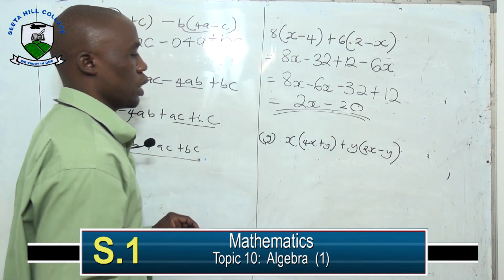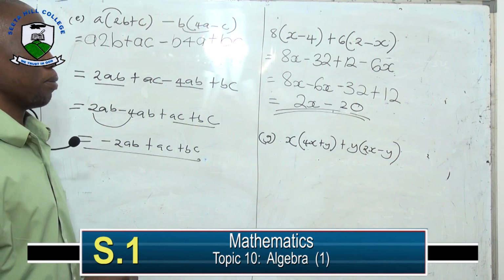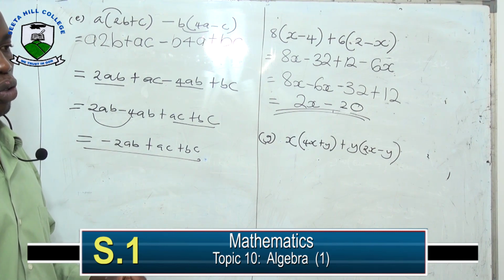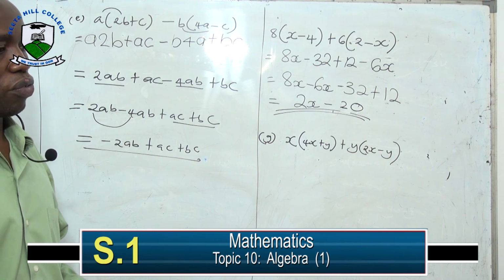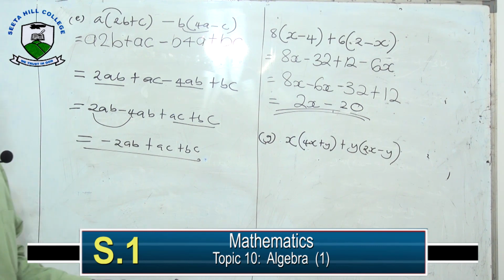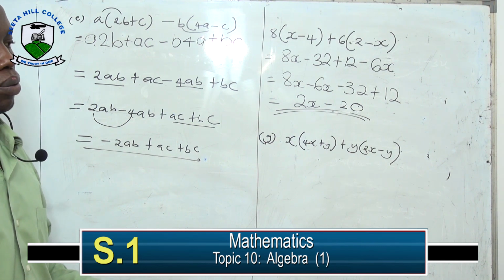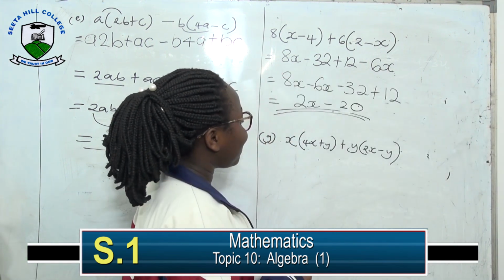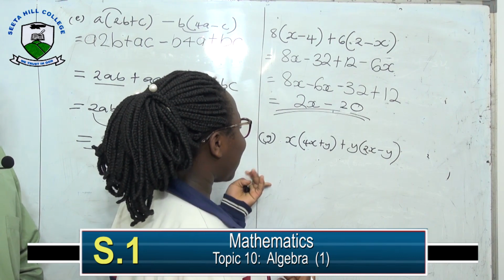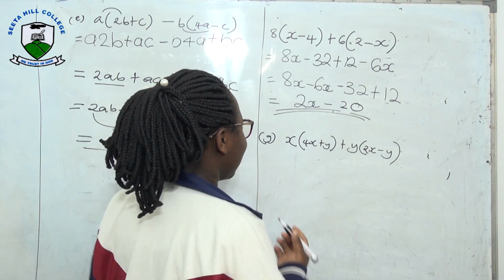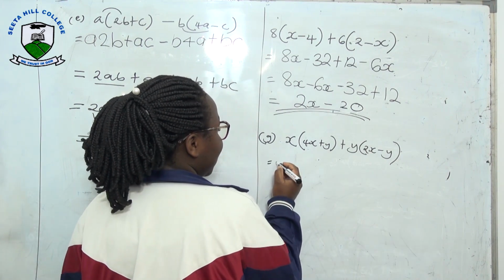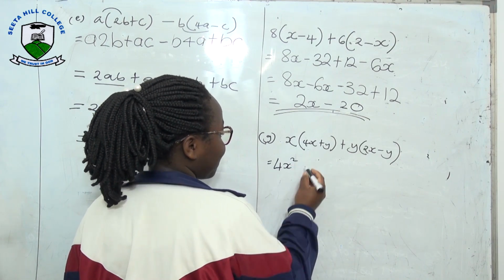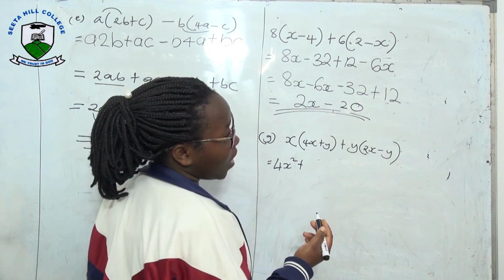Now let us have somebody finally handle that. Then we go to solving. Okay. Here we shall start by multiplying x times 4x, giving us 4x squared, because x times x is x squared, plus x times y.